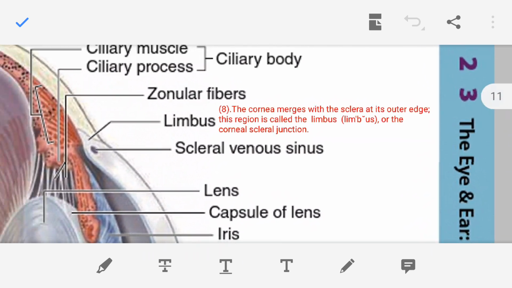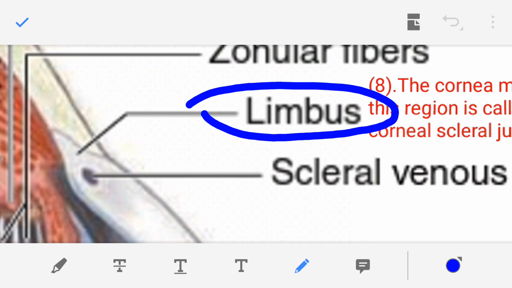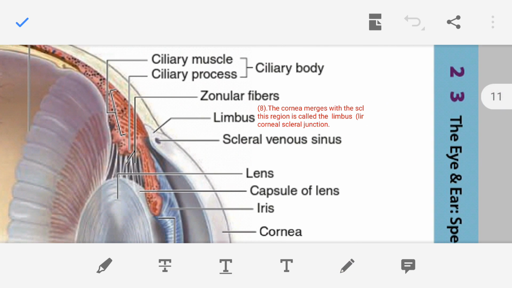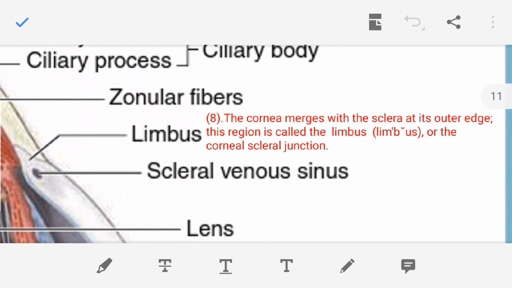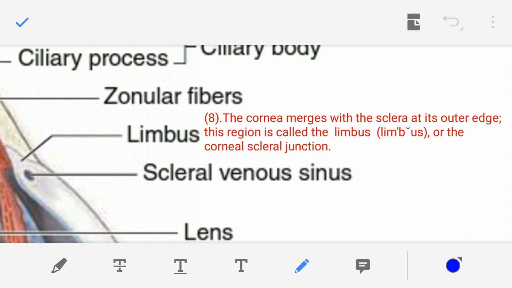Now we are discussing the limbus. See, here the name is written, limbus. So what is the limbus? The cornea merges with the sclera at its outer edge, and the region where the cornea joins the sclera is known as the limbus.